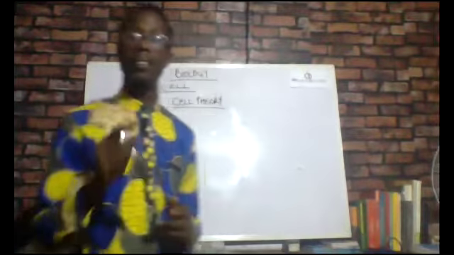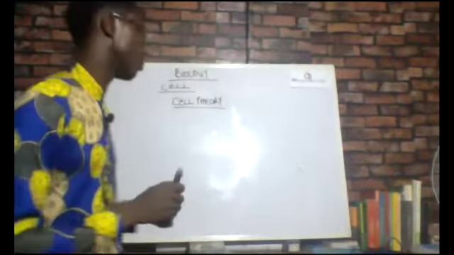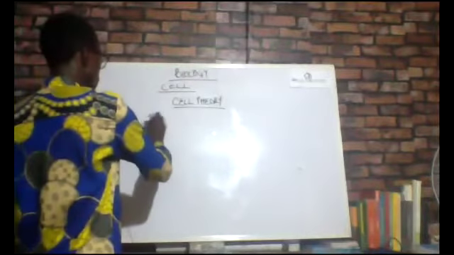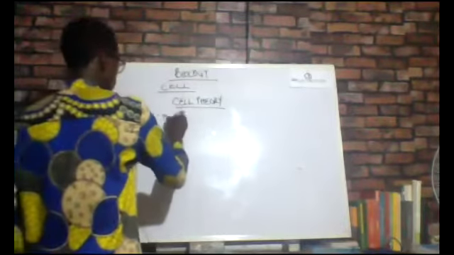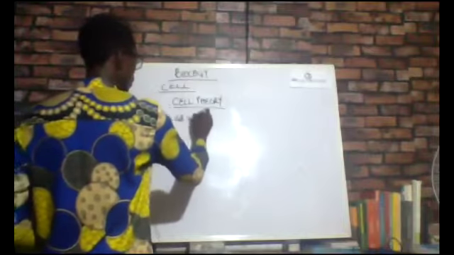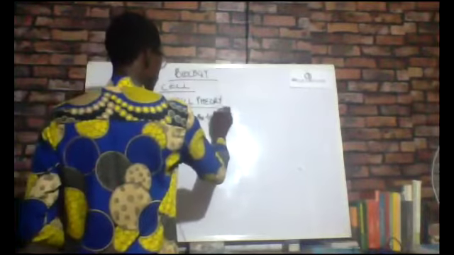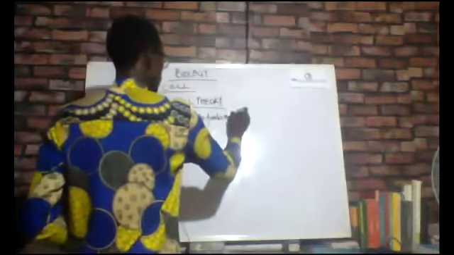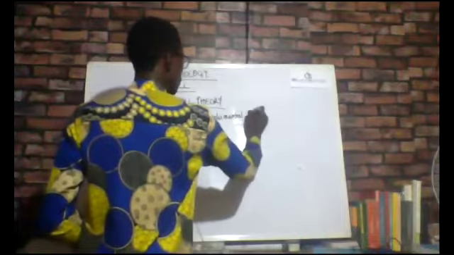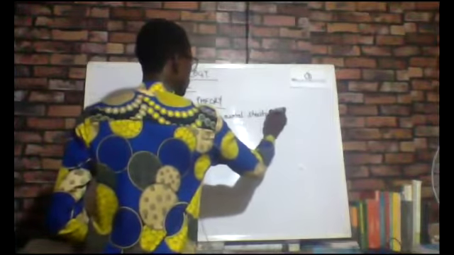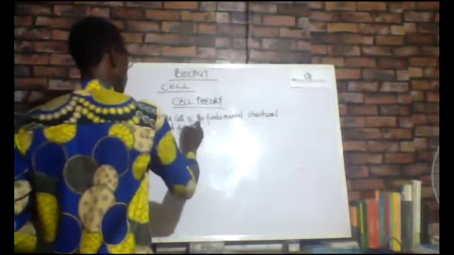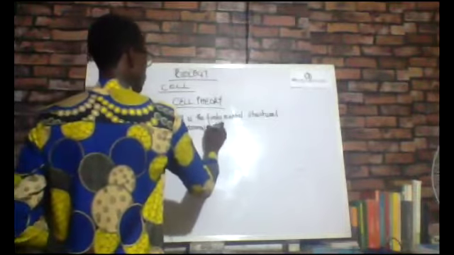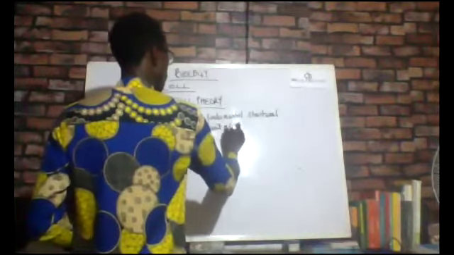That is why we find that as one of the theories. So I'll write it on the board. Number one is that the cell is the fundamental, structural, and functional unit of life.